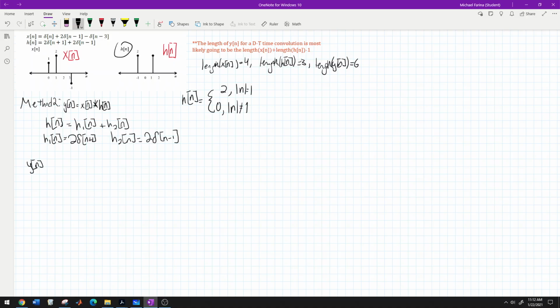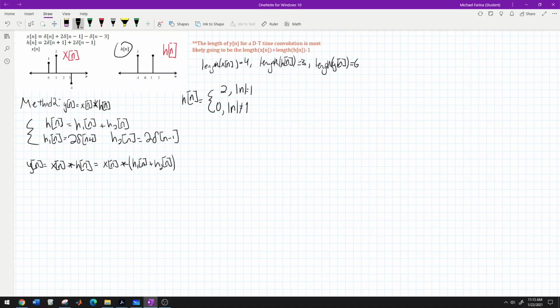y of n is equal to x of n convolved with h of n. And using our definitions that we made right here, x of n convolved with h1 of n plus h2 of n.